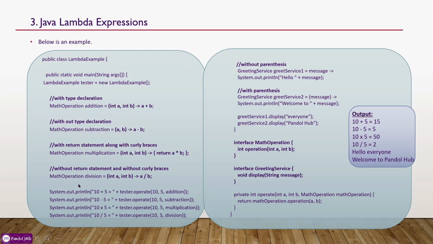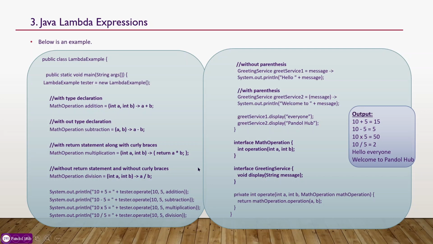Okay, so I have a private method here called operate, which is going to take integer parameters and the math operation, that is the functional interface object. Based on the object that I pass, for example, here I'm passing operate of 10, 5, and addition. I'm passing the addition object of the functional interface.